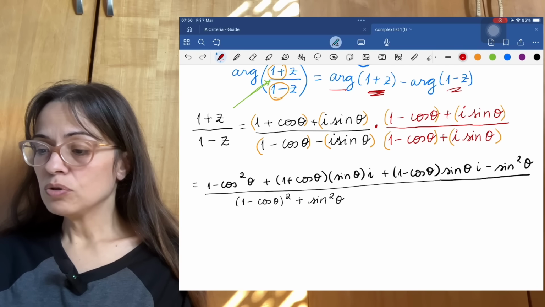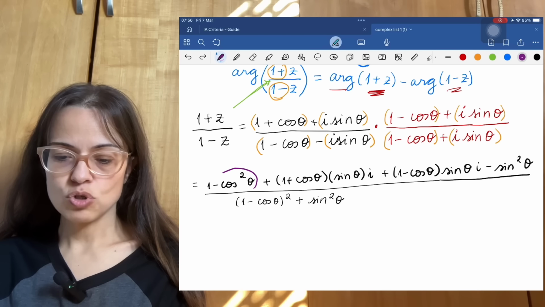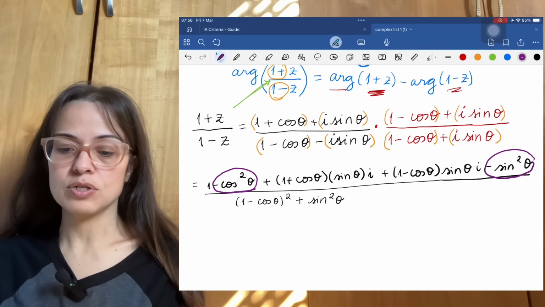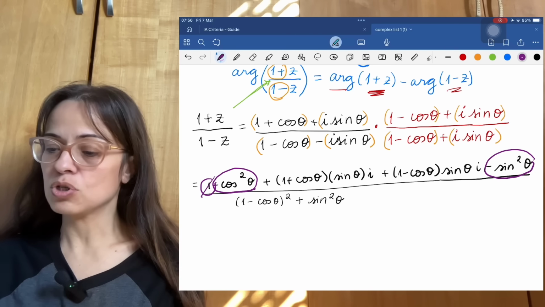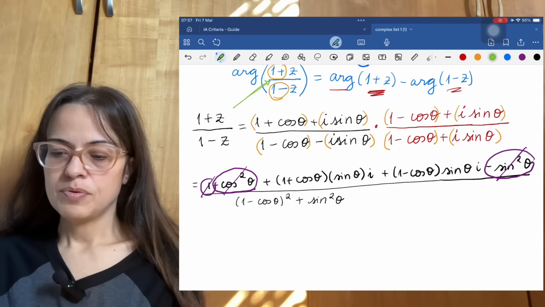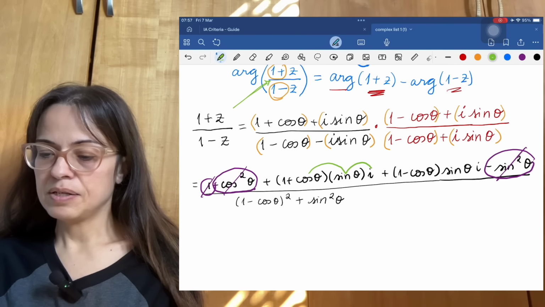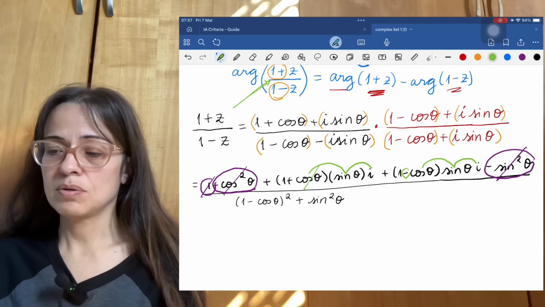So this numerator looks horrible, but a lot of things are going to cancel out. There is a minus cosine squared minus sine squared, which is just minus 1. And then there is a 1 here. So 1 minus 1 is 0. This whole thing cancels out. There is a cosine times sine times I and a minus cosine times sine times I. Those things cancel out too.